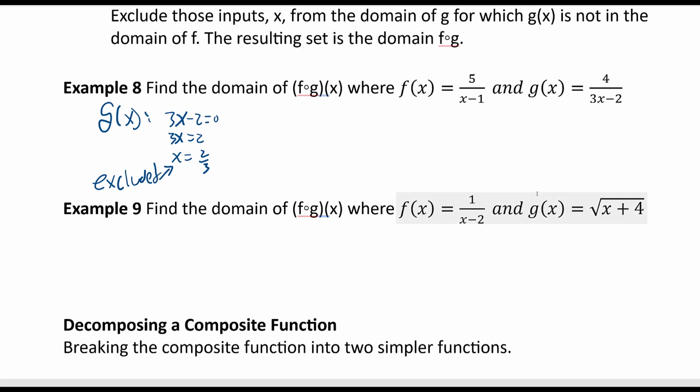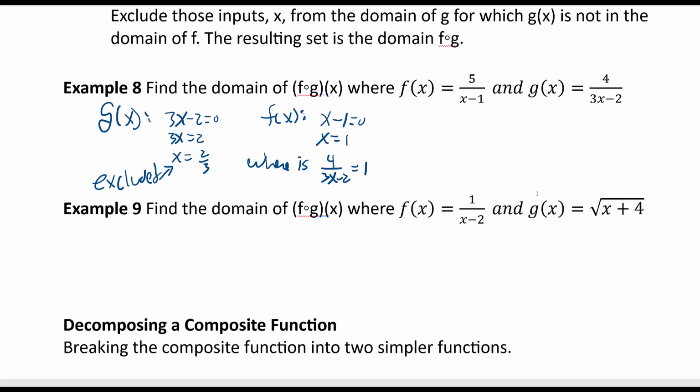Now the second part: where is f of x going to be undefined? We take a look at f of x, and x minus 1 equals 0 where x equals 1. So we want to know, where is g of x going to be 1? Where is 4 over 3x minus 2 equal to 1?